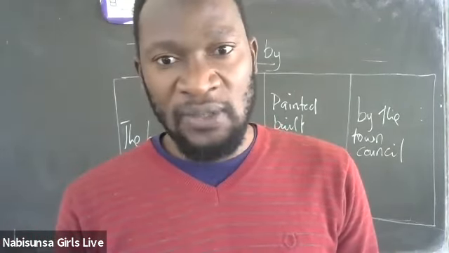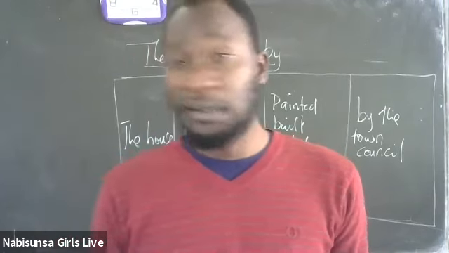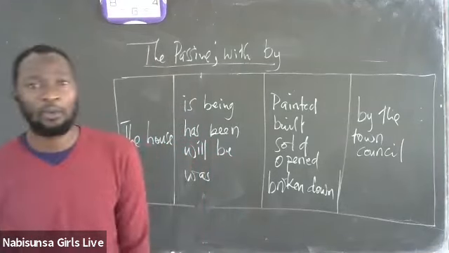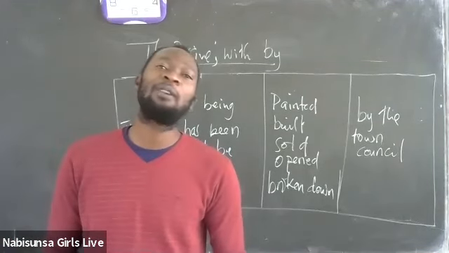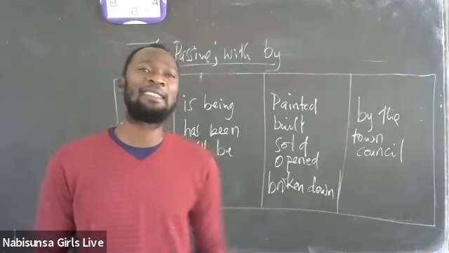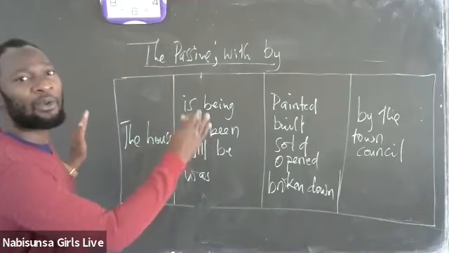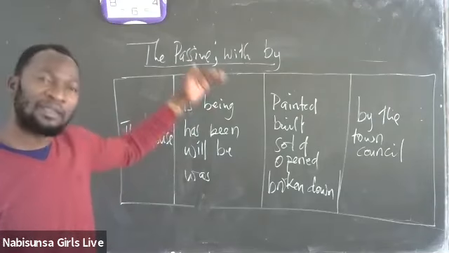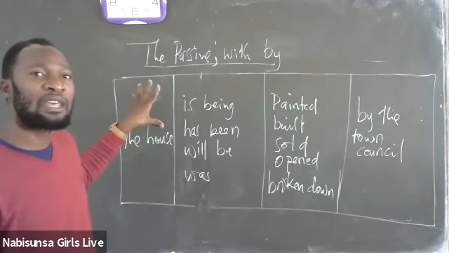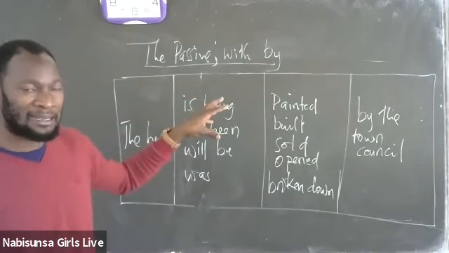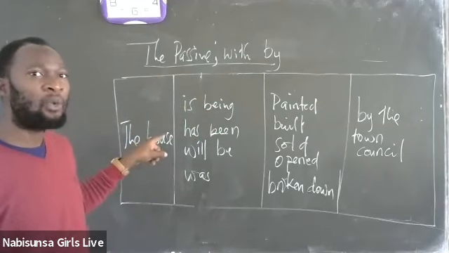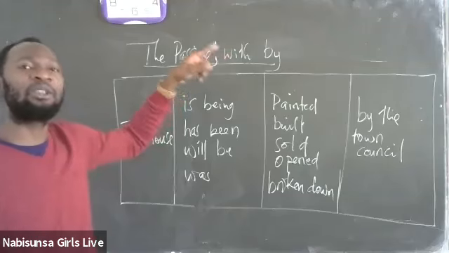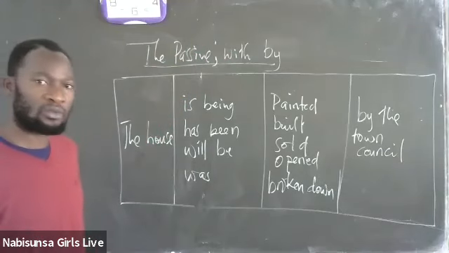Are we writing those sentences now? Actually, the trick is you may not write down the sentences. Just draw the table to help you understand that we can use the passive with by when we want to indicate the doer of the action.